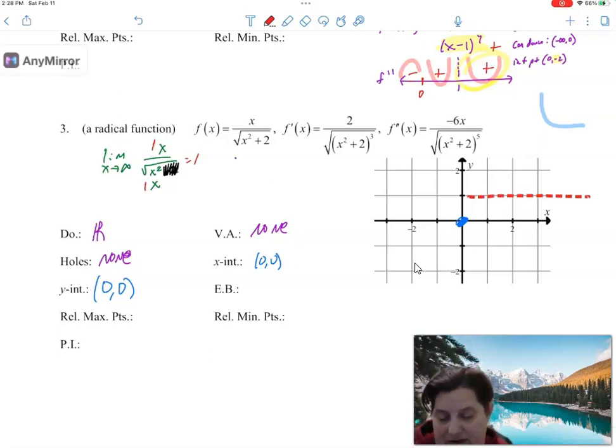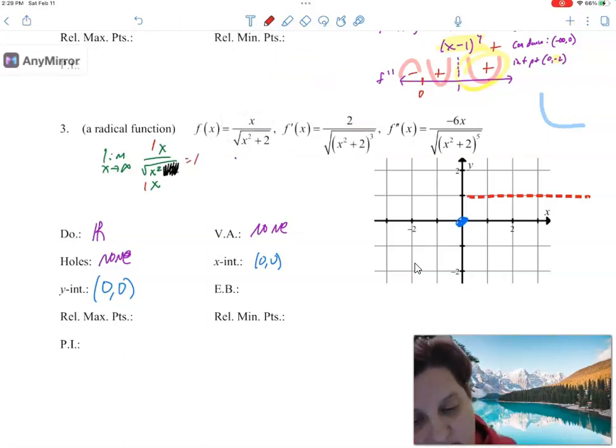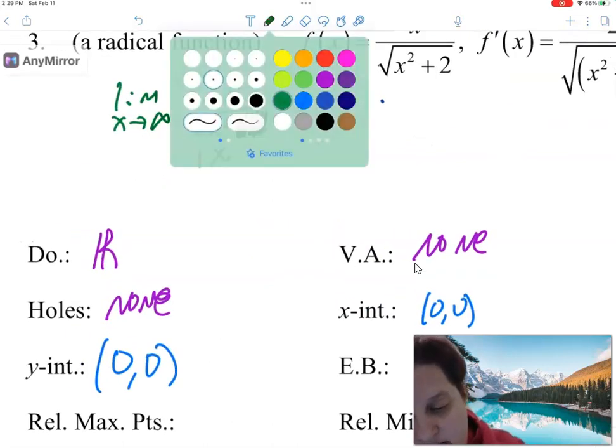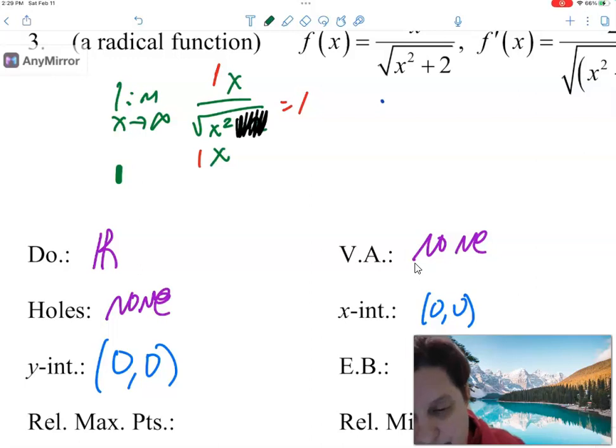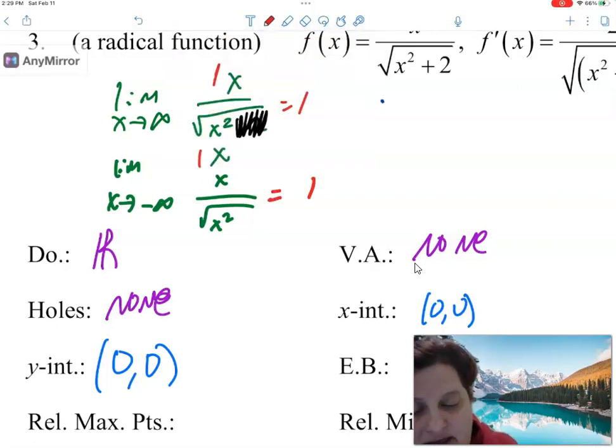But if you guys remember, there's also the limit as x goes to negative infinity of x over the square root of x squared, which is still 1, except when I plug in negative infinity, I get a negative over a positive.